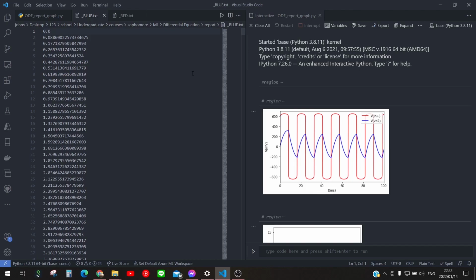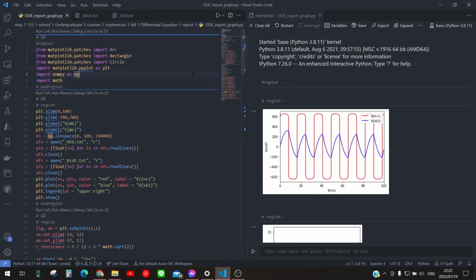This is the dataset about the blue line, and this is the dataset about the red line. The blue line is the integral of the red line, and the red line is the input signal being rectified. In the ideal situation, the red line would be a square wave, and the blue line would be a ramp.